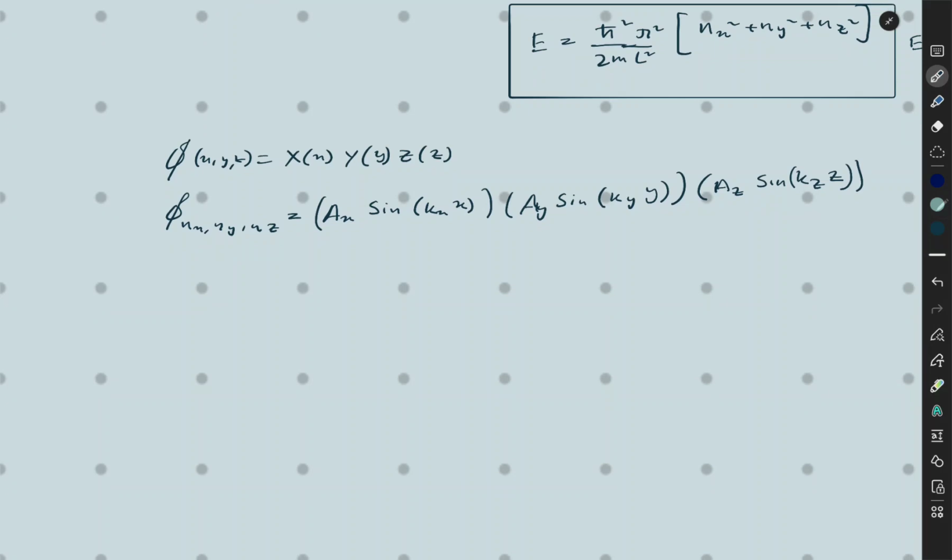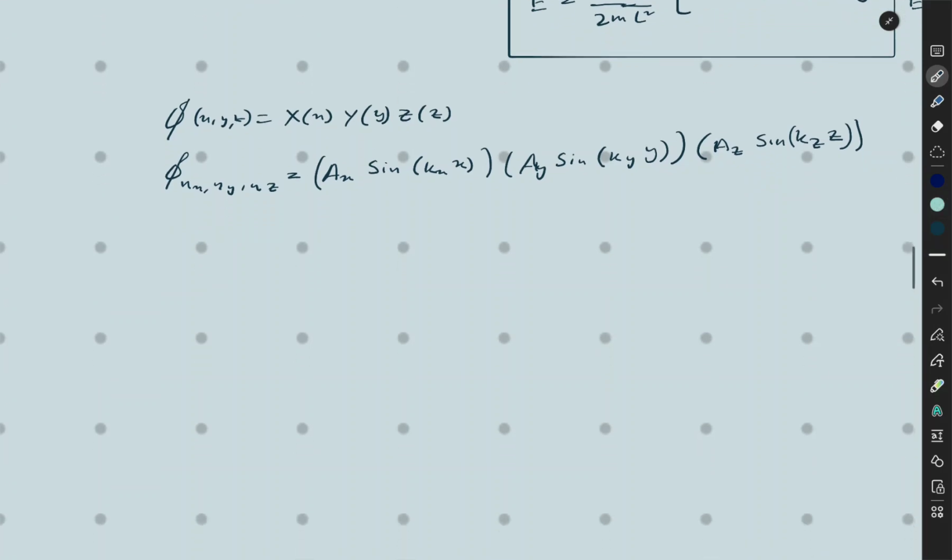So if we combine the constants, that is ax, ay, az, and multiply them to make a single constant, then we can write it as A. So phi of nx, ny and nz equal to A into sine of, now we will substitute the values of kx, ky and kz respectively.